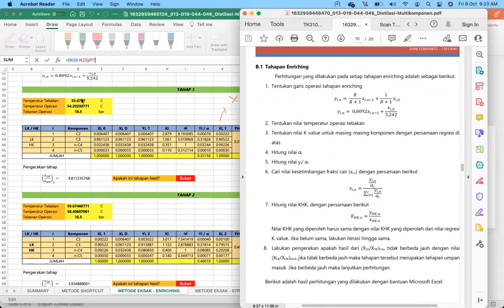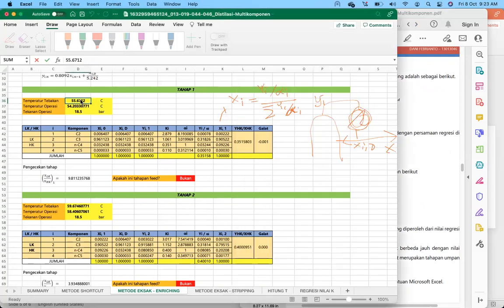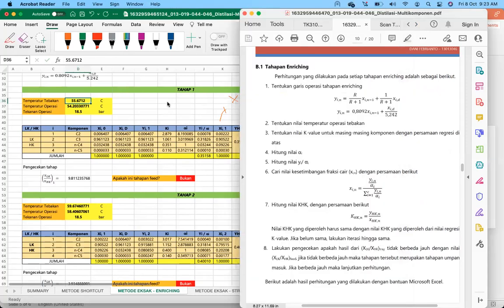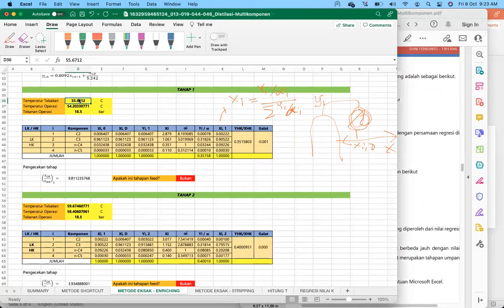First we guess the temperature. So the initial temperature is actually this one. We put this number, so let's copy it. So the initial temperature should be about this one, so let's put it back like that.